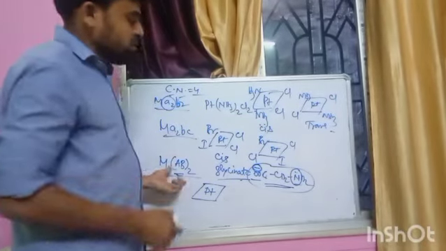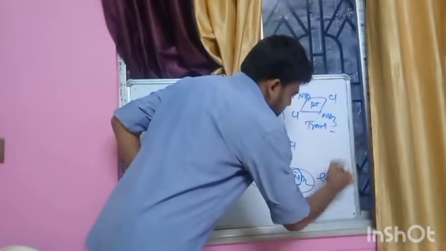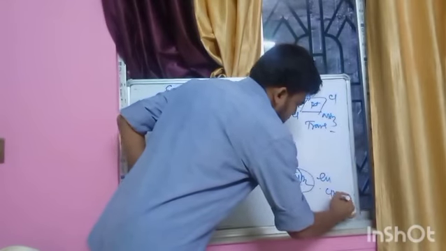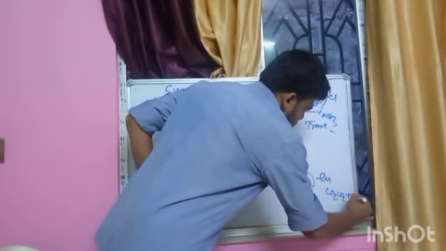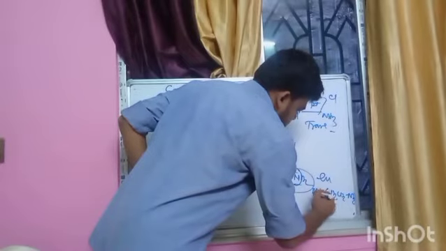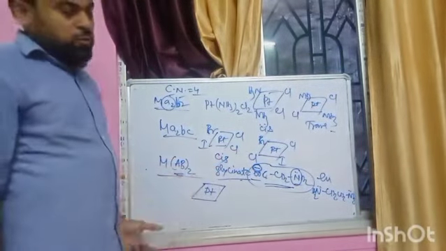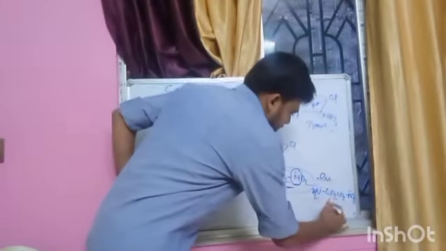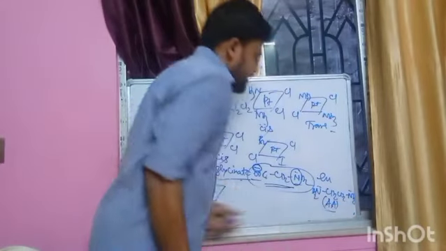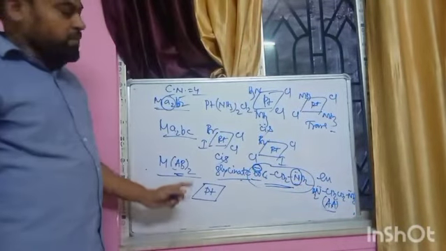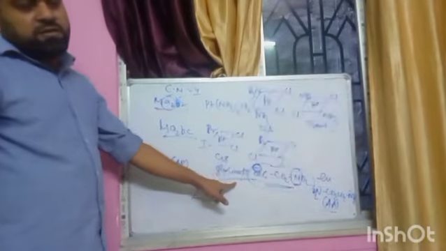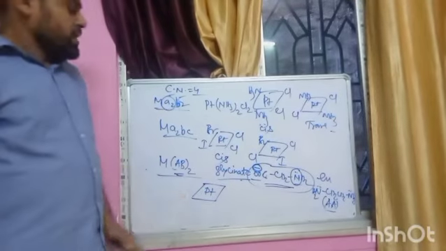If the donor centers are the same, such as en, ethylenediamine, CH2CH2NH2NH2, it is also a bidentate ligand, and the denticity is 2, but it is an AA type of ligand, meaning both donor centers are the same. Here the donor centers are different, so it is represented as AB.